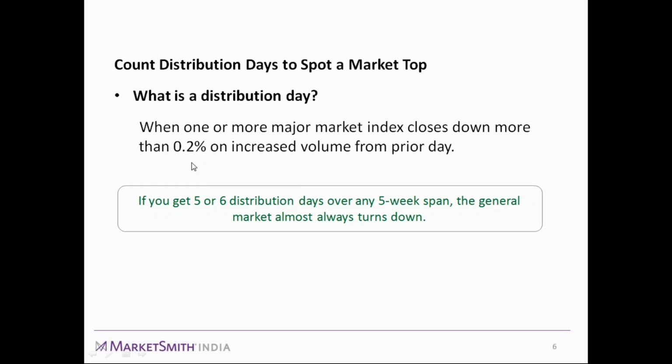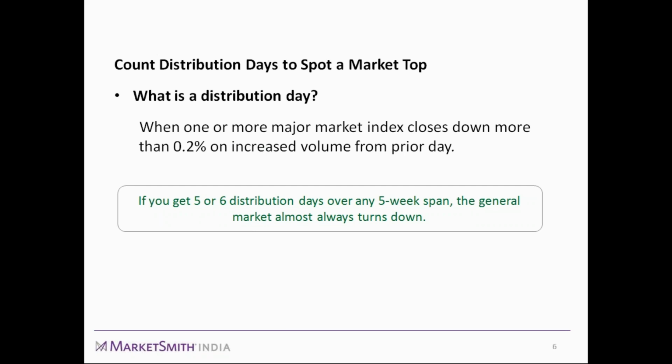We are trying to see, are we seeing distribution days come more frequently or less frequently? Are we seeing distribution days happen consecutively, or are they spread far apart from each other? Is there a lot of gap between consecutive distribution days?